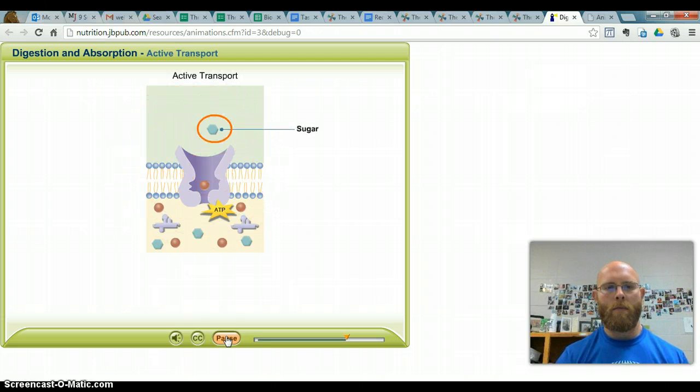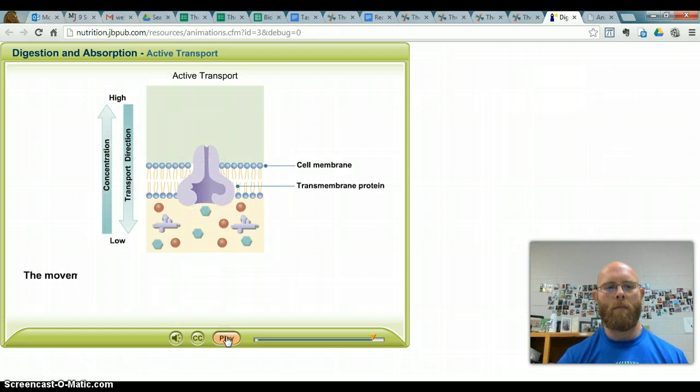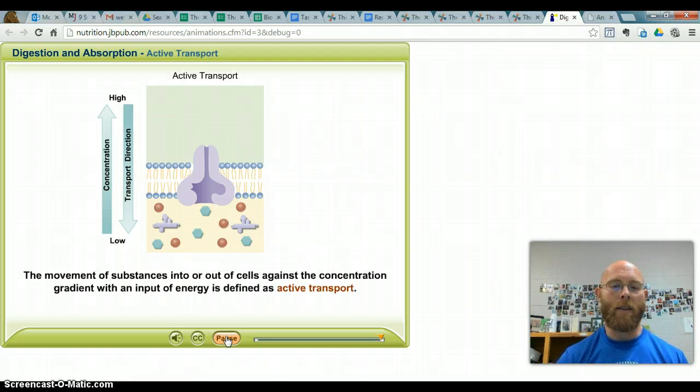The sugars glucose and galactose are also transported across cell membranes in this way. And there's your definition for what active transport is.